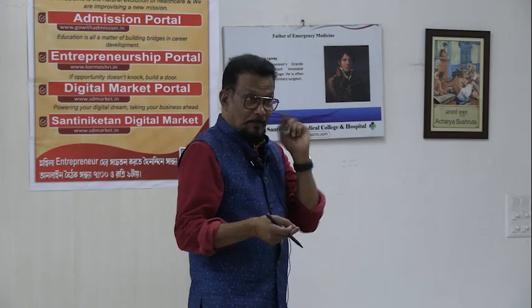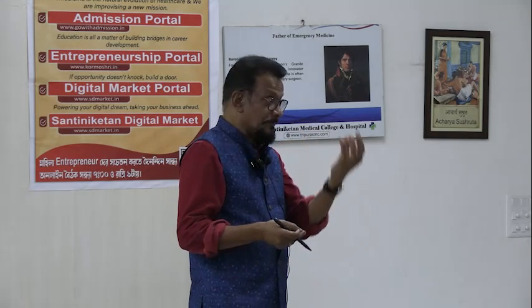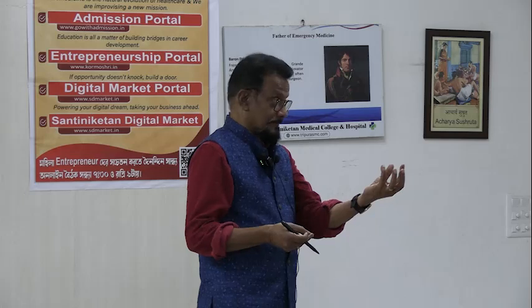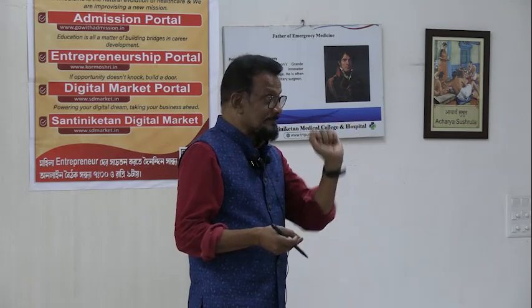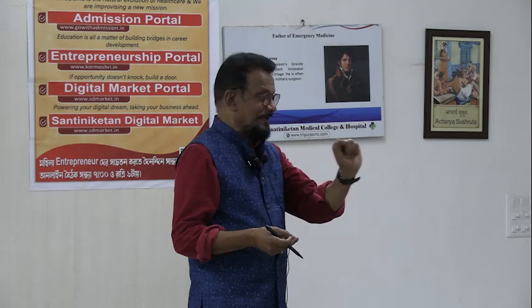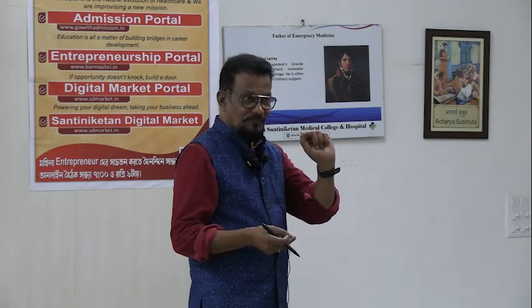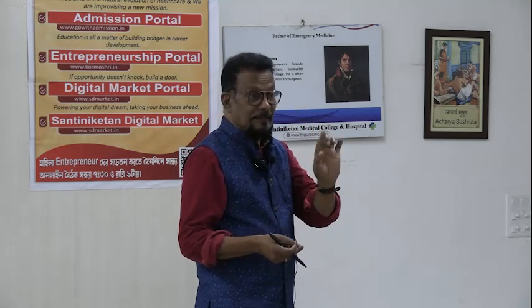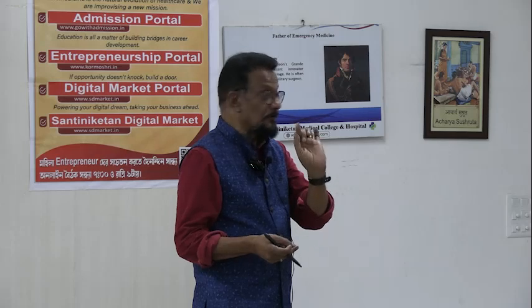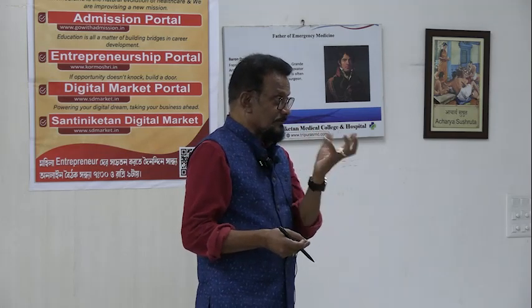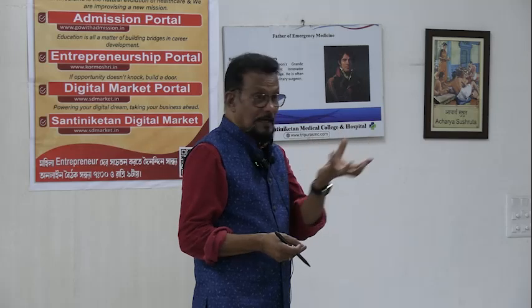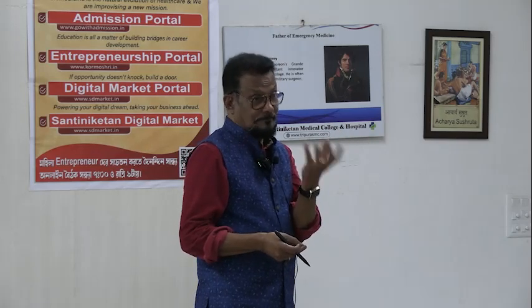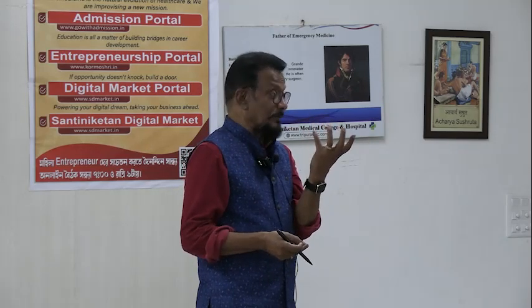1 spoon of sugar, 5 gram, means 20 kilocalorie of energy. So this is for your estimation, how much you are eating. You are eating 1 rasgulla, 10-15 gram minimum.